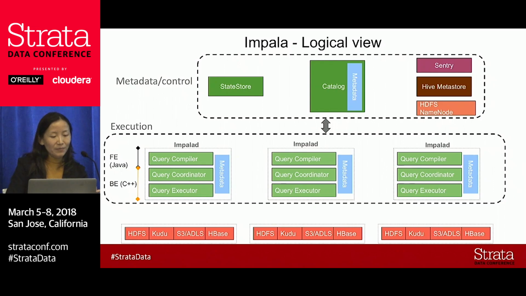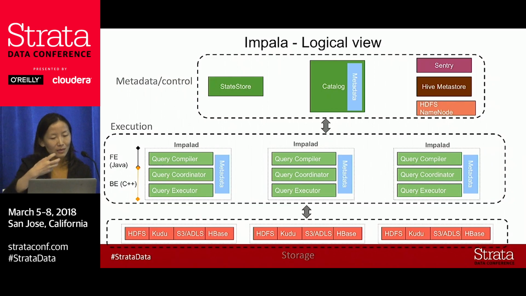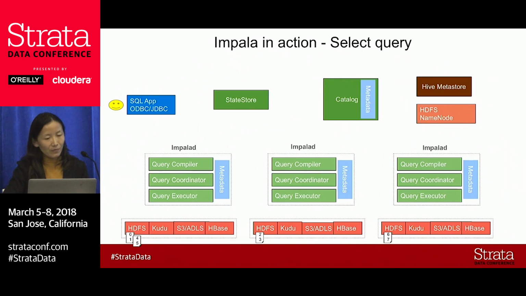So each Impala daemon itself has two parts, both the front end and the back end in the same process, depending on what request it receives. Then the Impala daemon will talk to the storage layer to execute the query. So for a real query request, the client sends the request to one of the Impala daemons.